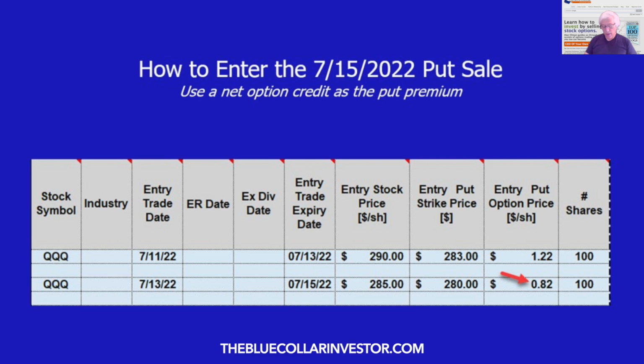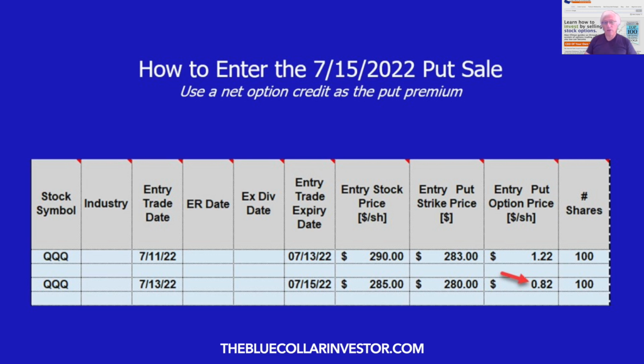The expiration date moved from 7/13 Wednesday to 7/15 Friday. The price of the stock at that point in time was 285, and Don rolled down to the 280 from the 283 strike.